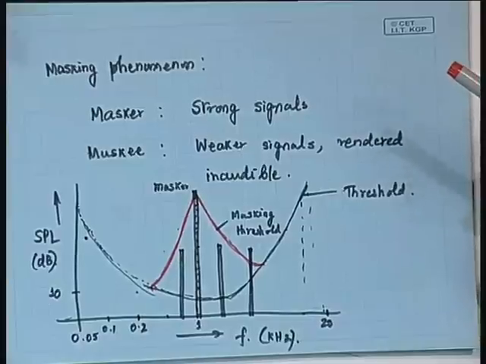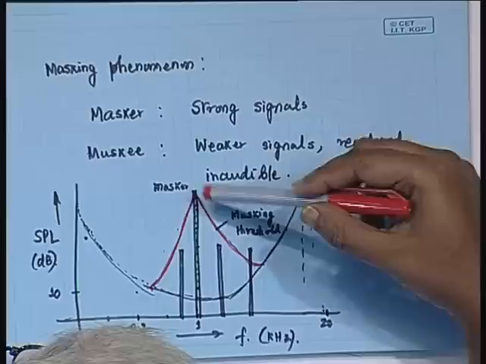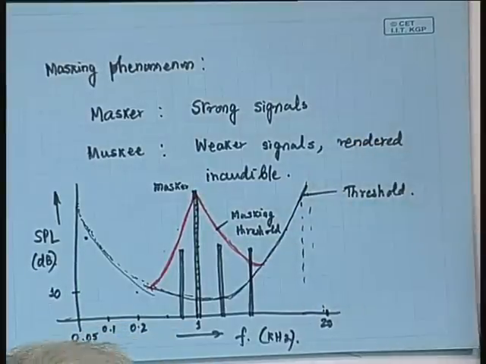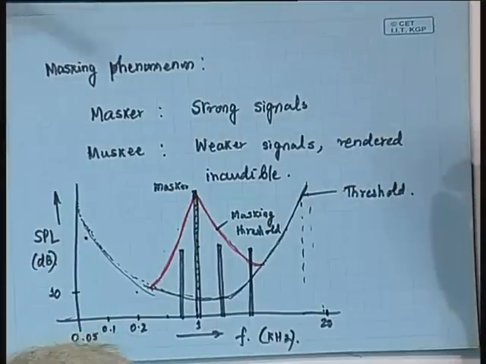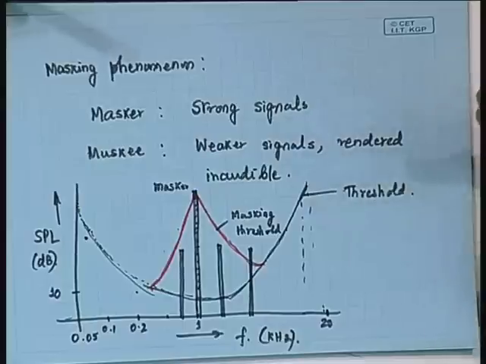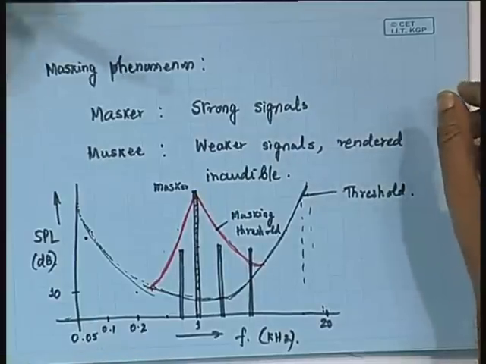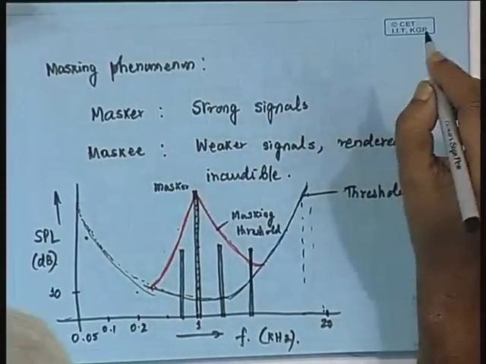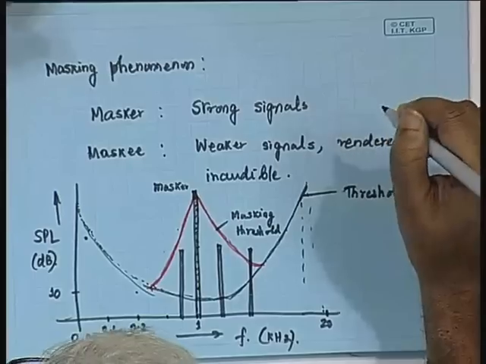So it is always the stronger signal that acts as the masker, and the weaker signals with respect to that are rendered inaudible in the process of masking. Sorry, it should be maskee, masking.